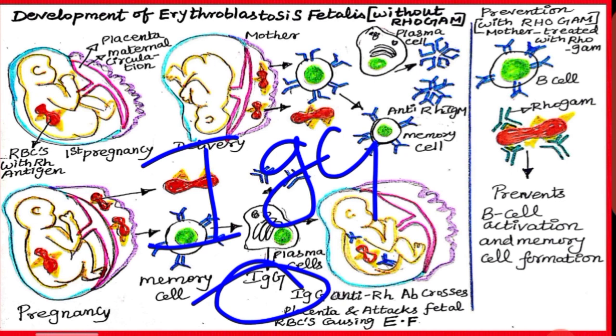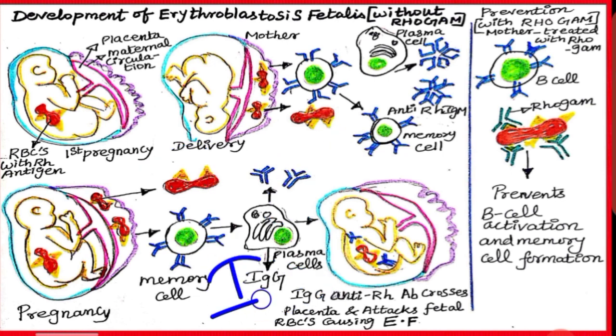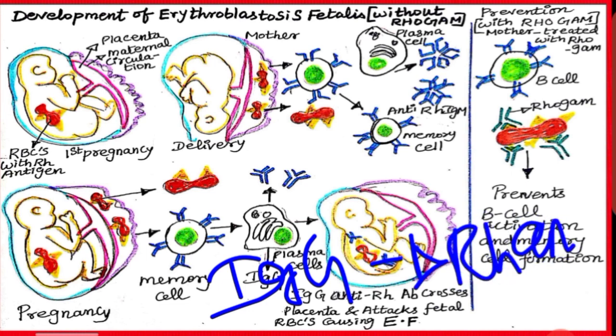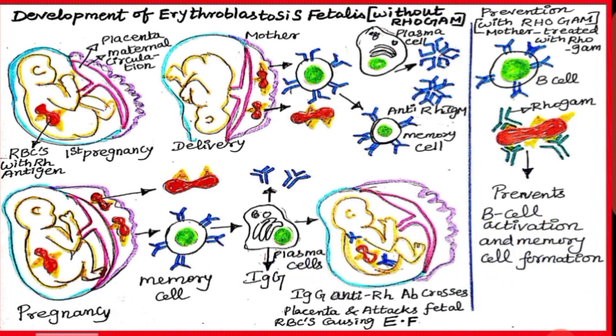The IgG antibodies responsible for the Rh reaction cross the placental barrier and then enter into the child's system.